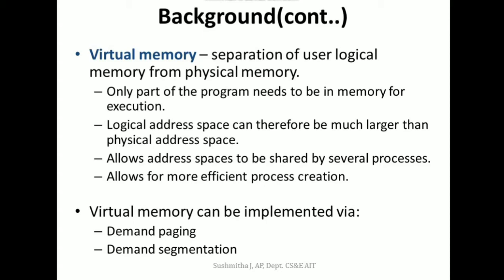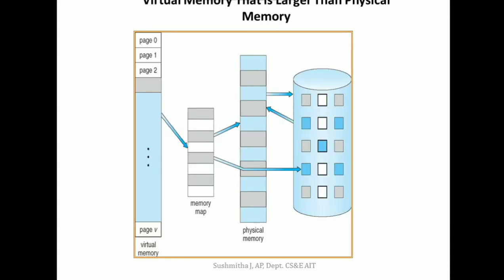That will not be the case with virtual memory. Only the part of the code that is needed shall be brought into the memory. And the logical address space, or the virtual memory, could be much larger than the physical memory. Here is a small illustration.